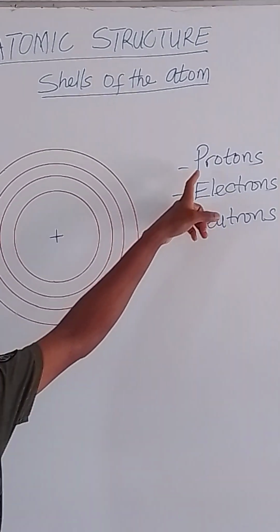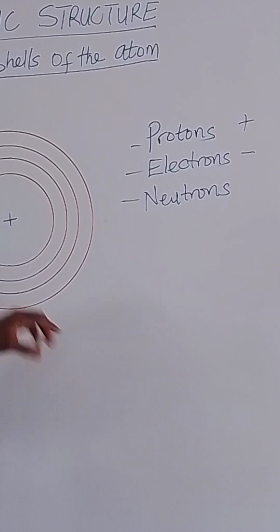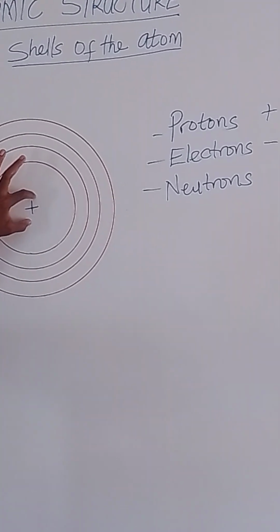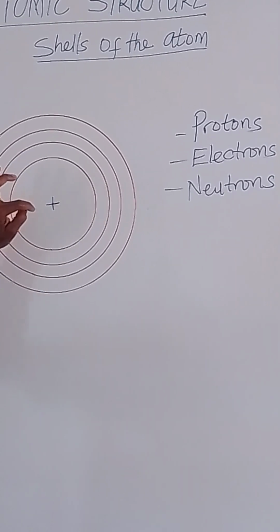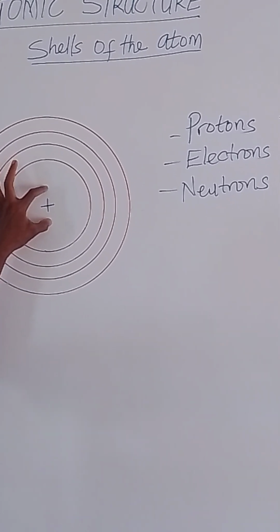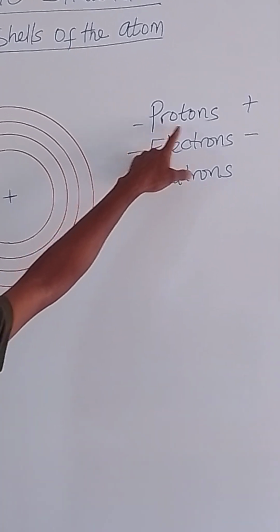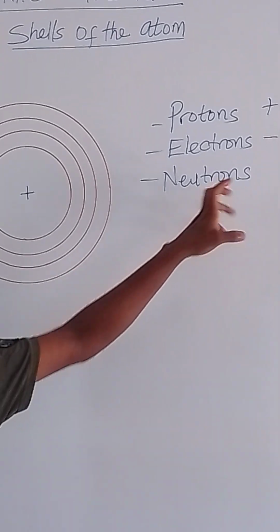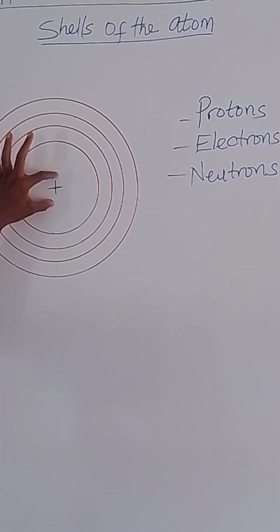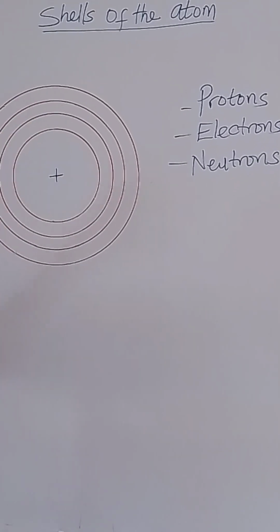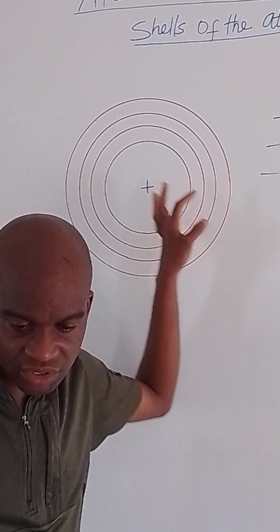Remember, protons are positively charged while neutrons are chargeless. So if we have the protons and the neutrons in the nucleus of the atom, then it simply means the charge on the nucleus of the atom is positive. Why? Because protons are positively charged, neutrons are chargeless, and we have these two particles in the nucleus. So that's why the nucleus of an atom carries positive charge.